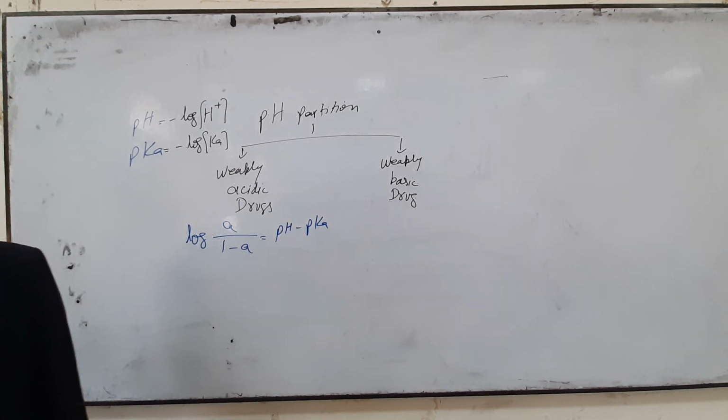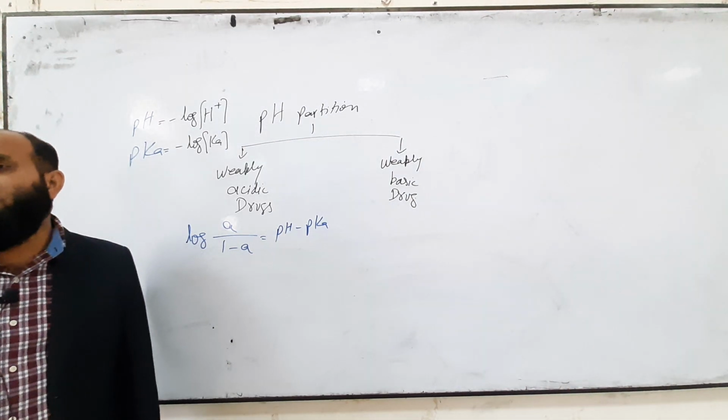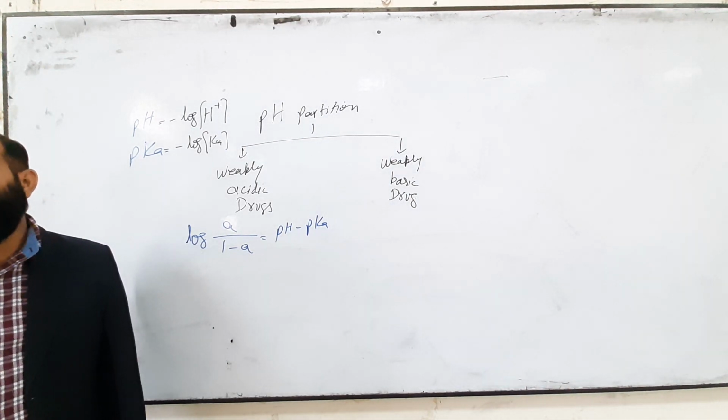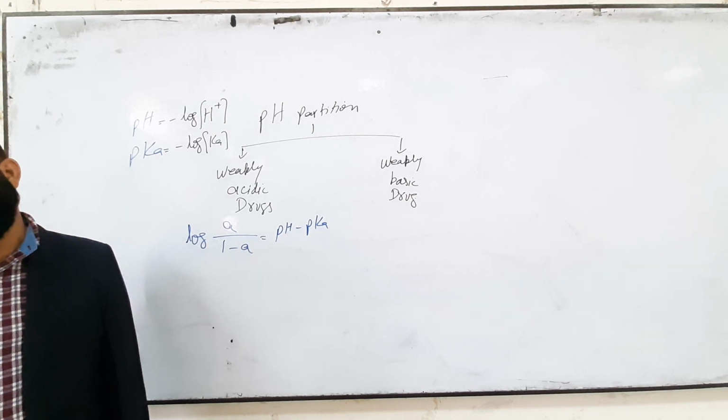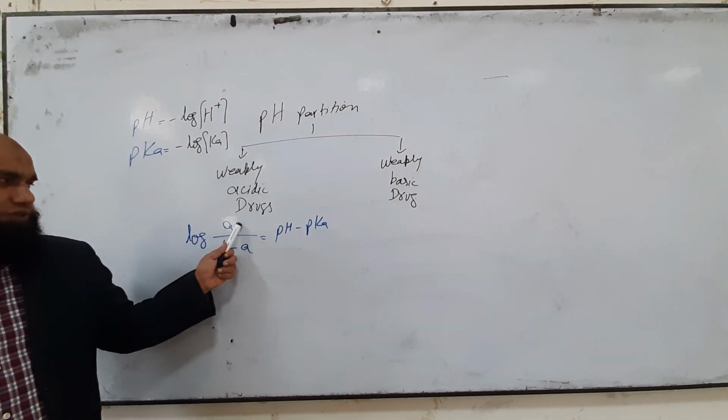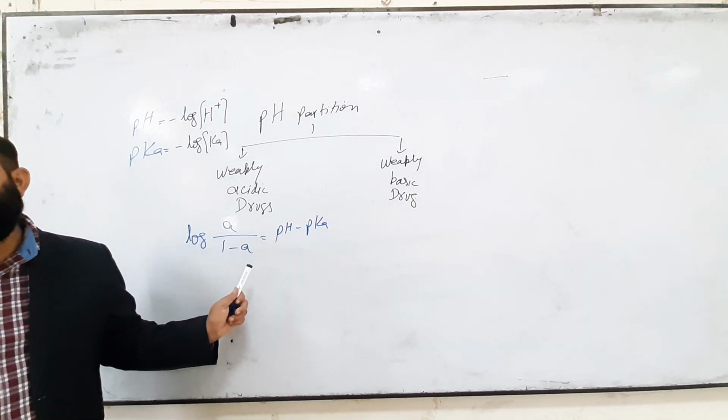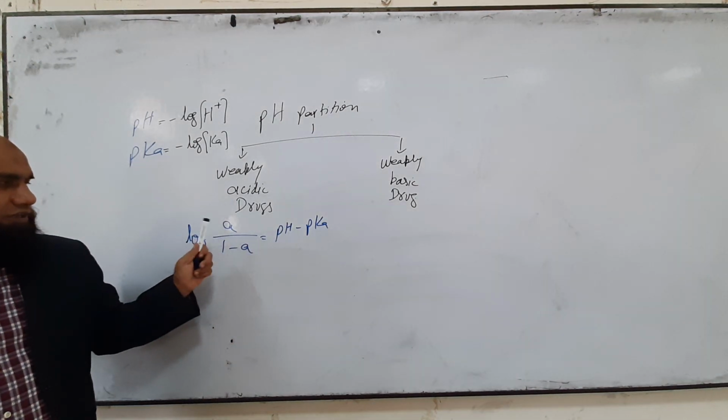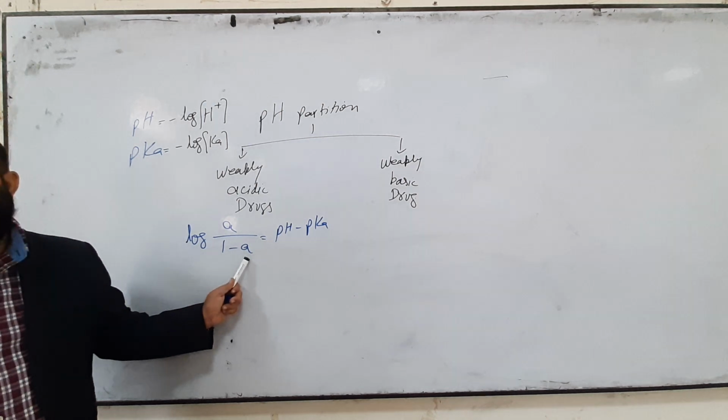A we can say A or alpha. It's actually the ionization of the drug. A is the ionized form of the drug, and 1 minus A is the unionized form of the drug.